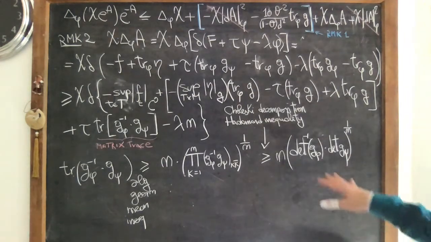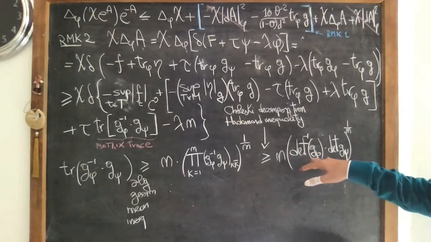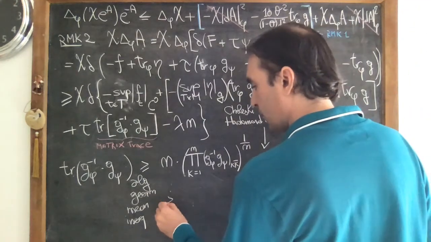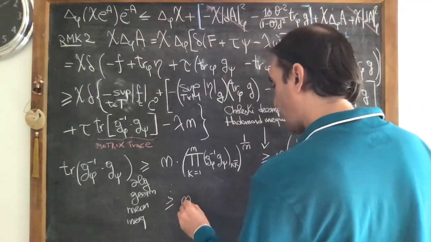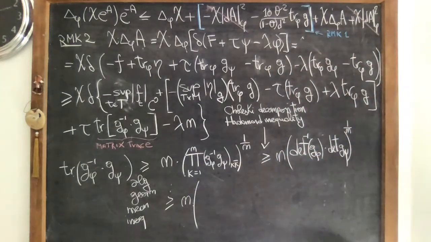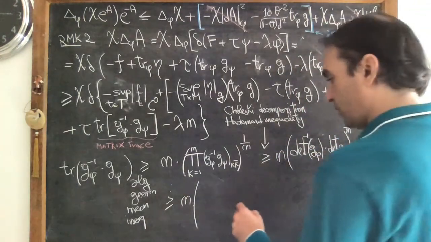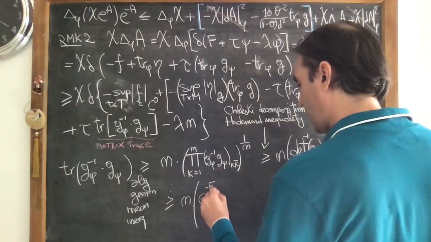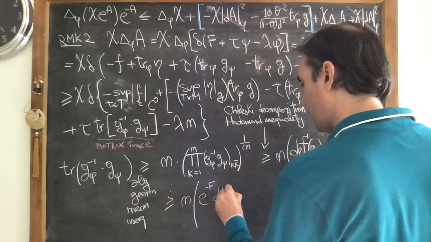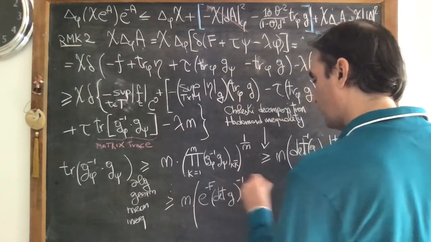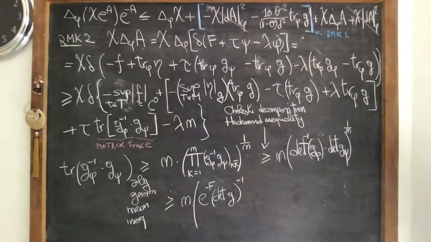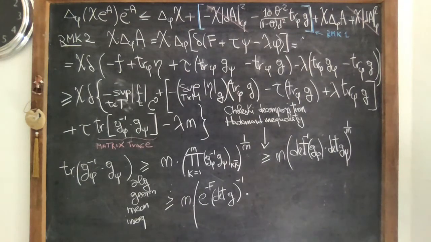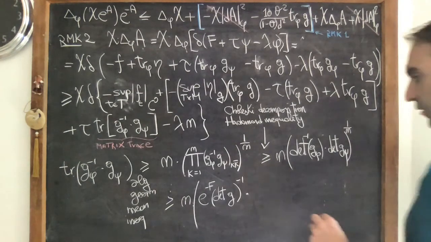So, in conclusion, the determinant of g phi is prescribed by the first equation in our system of PDEs. So it is e to the minus capital F times the determinant of the background metric to the minus 1. While this, we saw, is a little bit more involved.